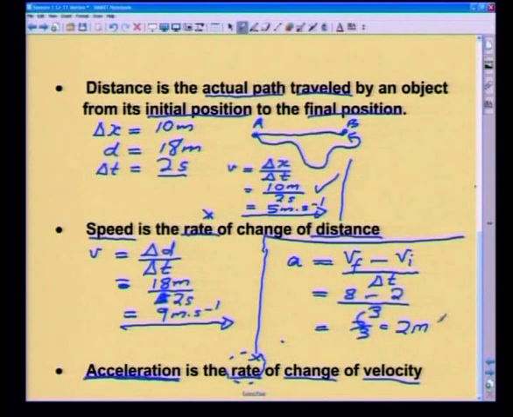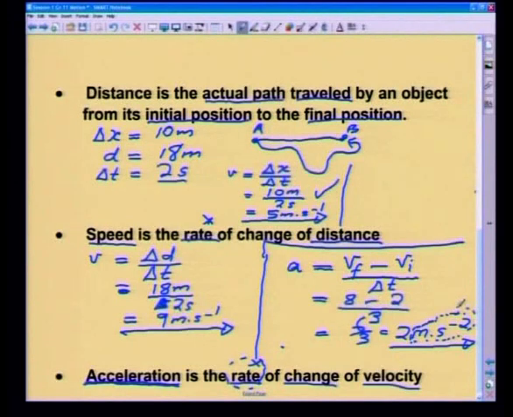Now, I want to bring something very important here. 2 meters per square second. Why is the unit here now meters per square second? We can explain it. We know that velocity is measured in meters per second.